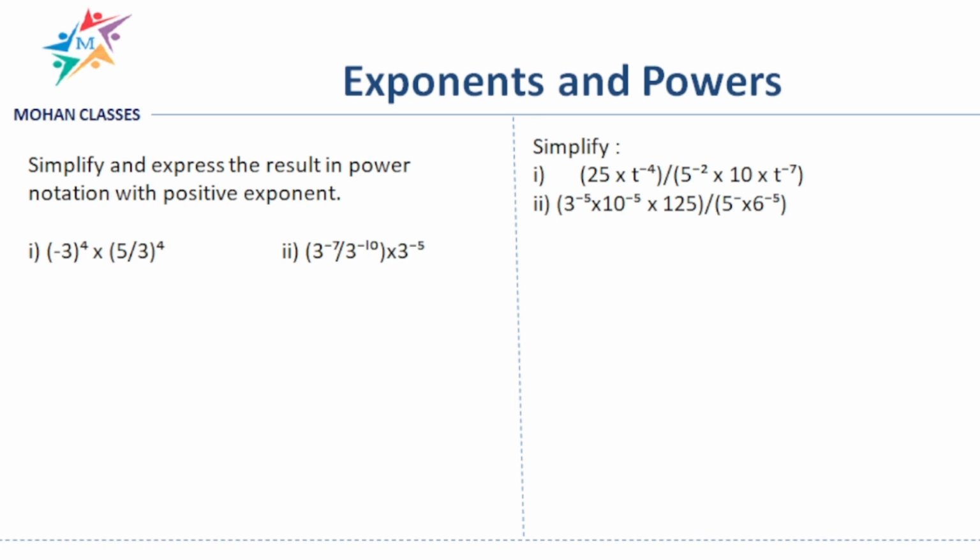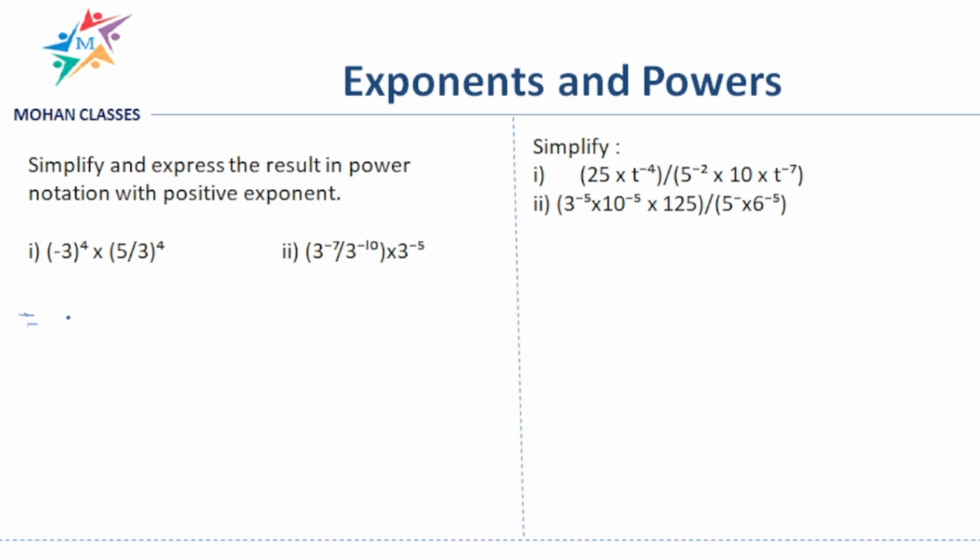Here we have to simplify and express the result in positive exponent. The exponent should be positive. So here, (minus 3) to the power of 4. Minus into minus into minus into minus, 4 times, will become plus.